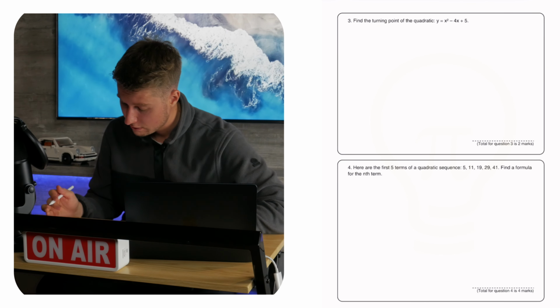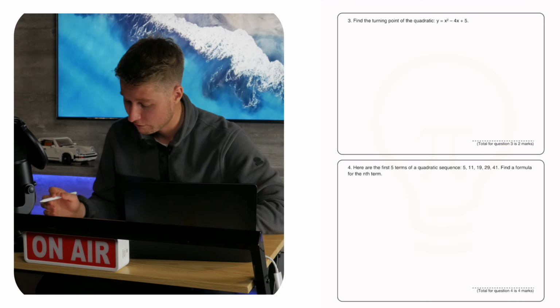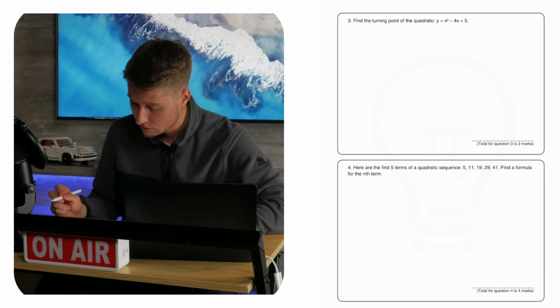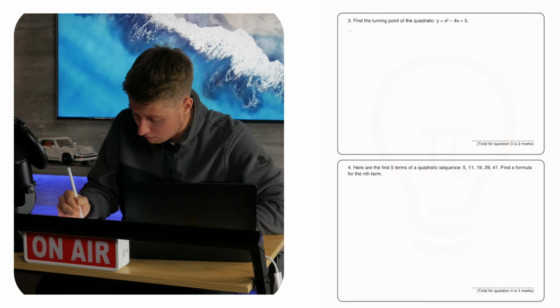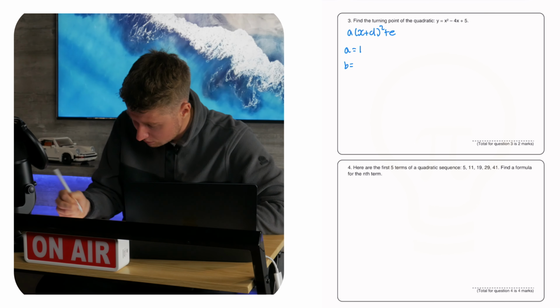Question 3. Find the turning point of the quadratic. We've got y equals x squared minus 4x plus 5. So when finding the turning point of a quadratic, we need to first complete the square. So we're going to do completing the square on this quadratic in the form a brackets x plus d all squared plus e. So a is equal to 1, b is equal to negative 4, and c is equal to 5.